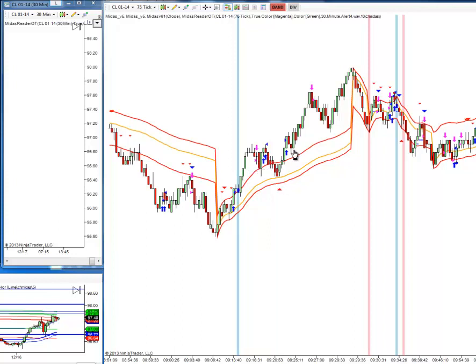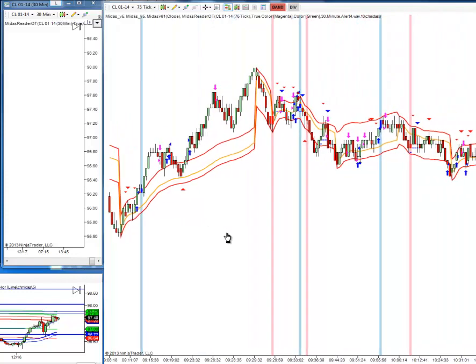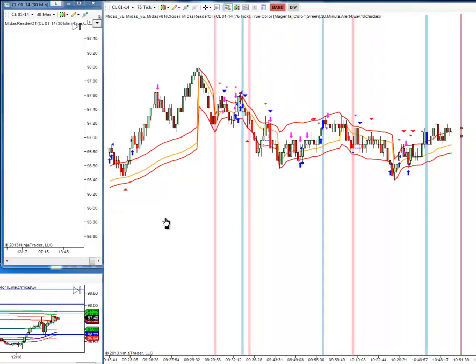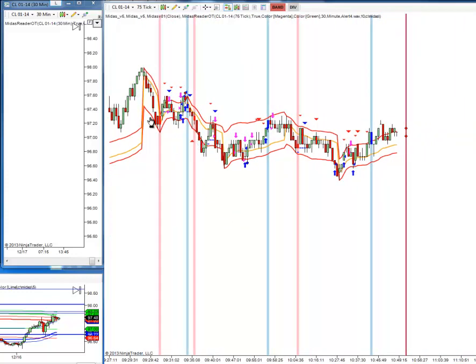Anyway, I don't know if I need to go through everything in here trade by trade. Looks like I caught long and took a nice profit on this one in here. And then we got into some consolidation and a lot of little trades in here.